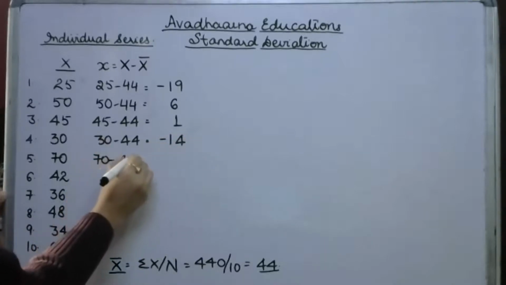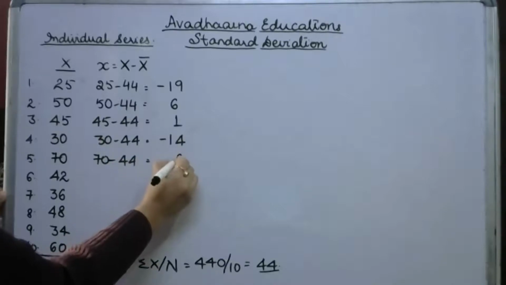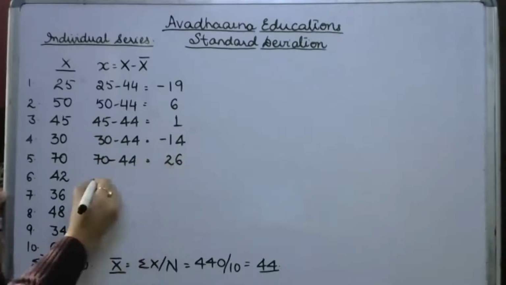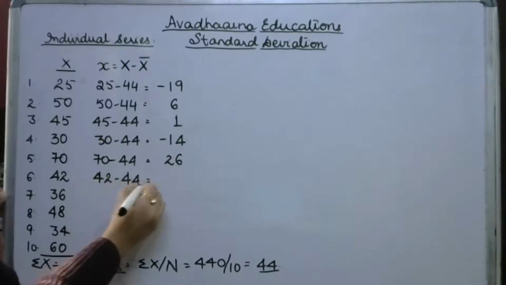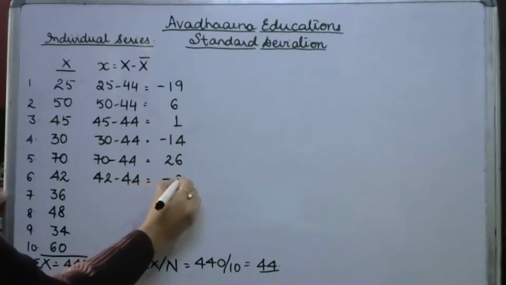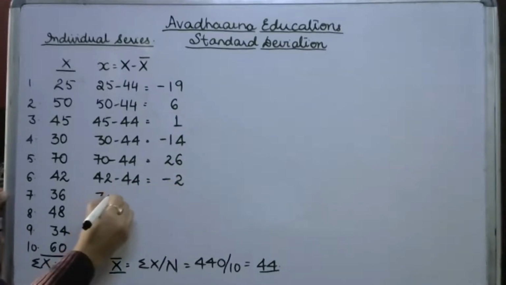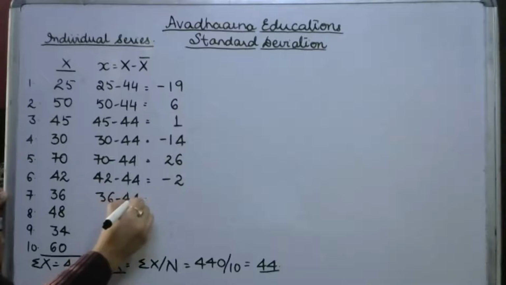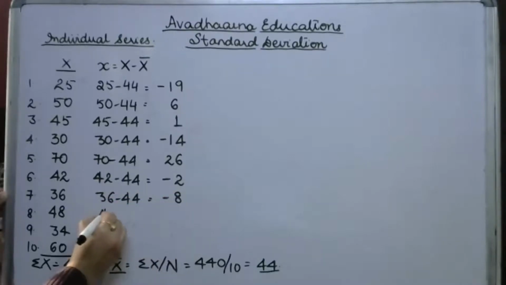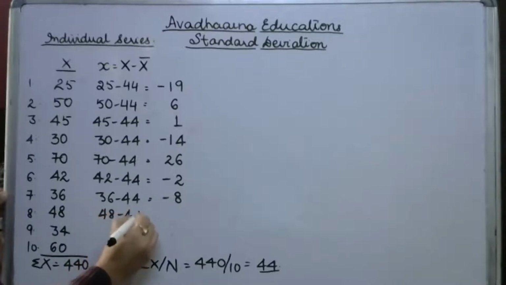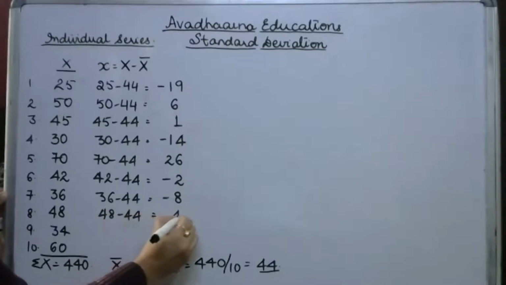70 minus 44, it's equal to 26. 42 minus 44, it is equal to minus 2. Then 36 minus 44, it is equal to minus 8. 48 minus 44 is equal to 4.